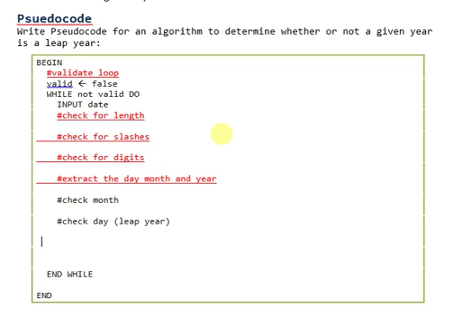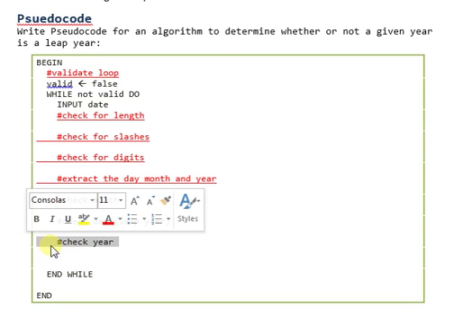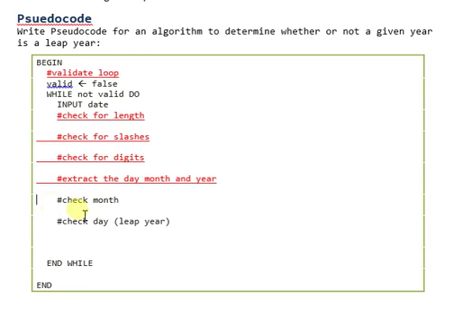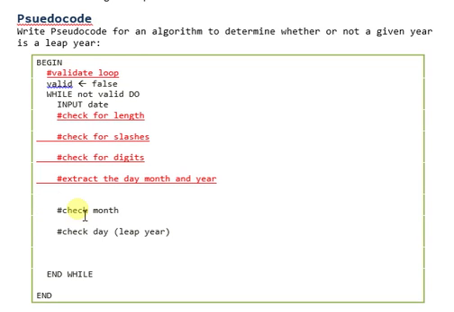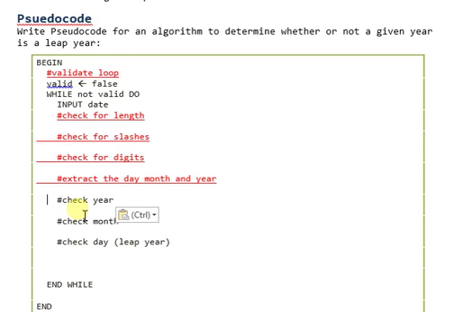And then finally I want to check the year, but the year should be fine, it can be any year. But I need to know that the year is okay. So maybe it will be worth checking the year first, and I can work out whether that's a leap year or not, and then I could use that later. So let's put that there. That makes more sense.